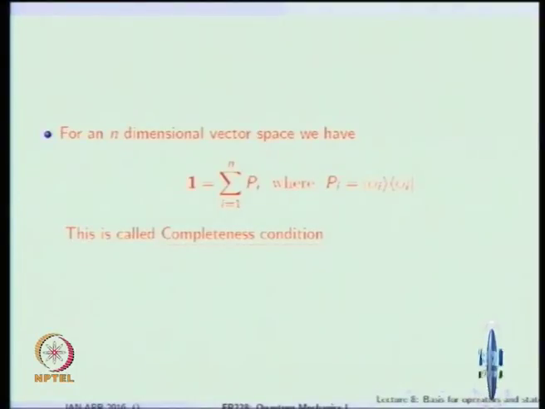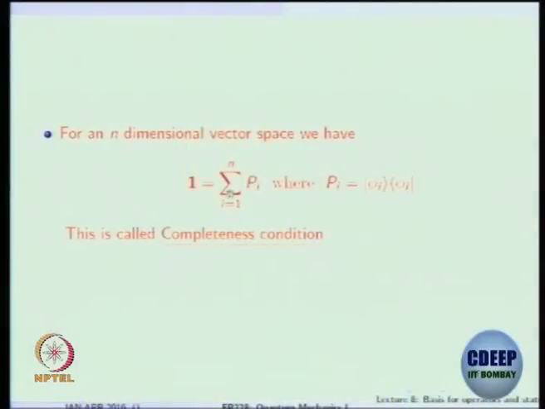Suppose you are in XYZ and I give you only P1 and P2, and I say that there is only phi 1 and phi 2, and if the sum is not equal to 1, you know that it is not spanning the whole space. You have to have one more, then this is not a complete basis set. For a 3-dimensional R3, I have to give you i cap, j cap and k cap.